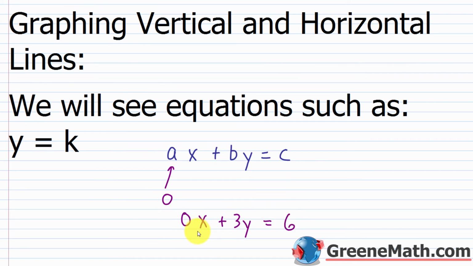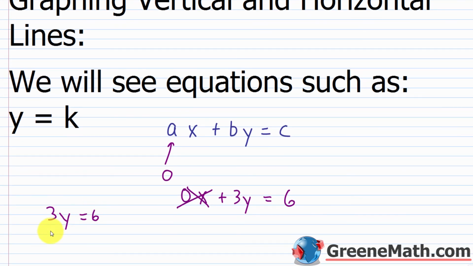So 0 times x is just 0. So this is gone. I have 3y equals 6. Divide both sides by 3, and I get y equals 2. So this is an equation where y always equals 2, no matter what the value is for x.